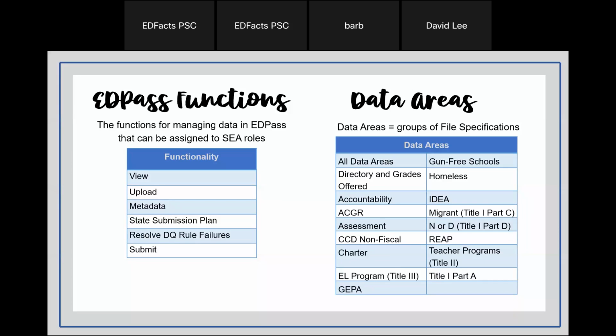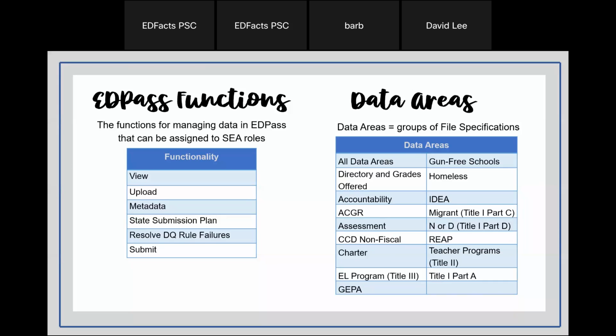Upload is uploading files. This is not submitting the files. So when you go in and you choose a file from your computer and you upload it to EDPass, once it processes successfully, all of the data quality errors are then run against the file.